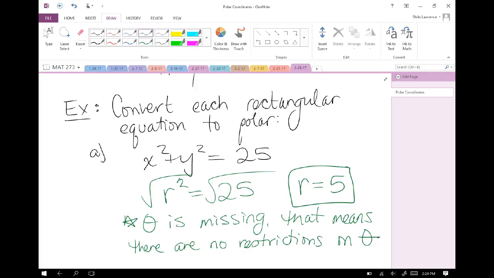If theta is not included in that, that means we can use every single angle on the graph. So we're going to go out 5 units from the origin along every possible angle, and it's going to make a circle of radius 5. Anytime you have a variable missing from an equation, that means there's just no restrictions on it.